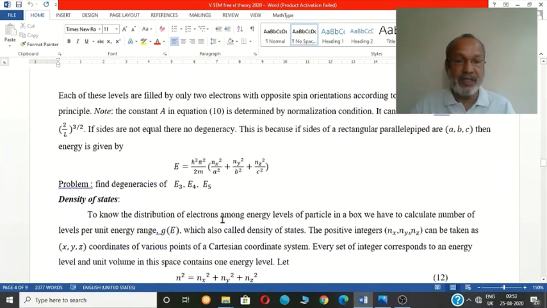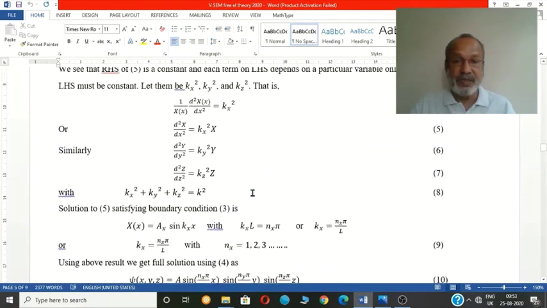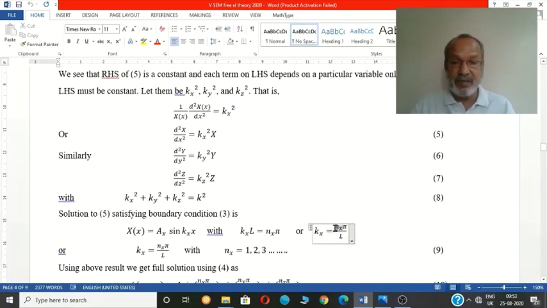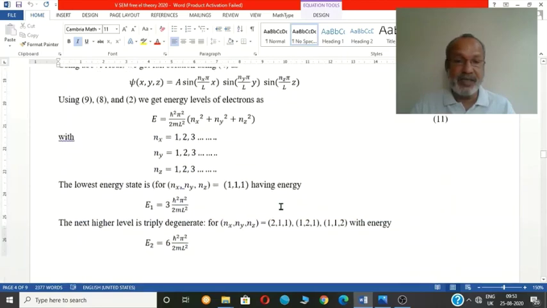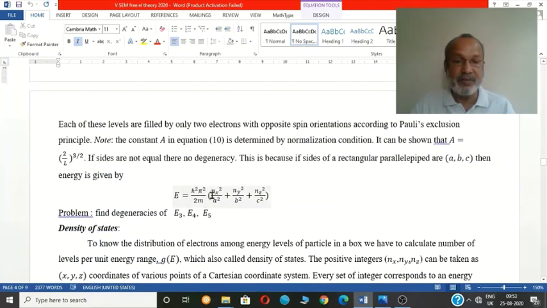It will come like this: nx by A, ny by B, nz by C will come in this equation. This will become nx pi by A. Similarly, ky will become ny pi by B, and kz will become nz pi by C. So in that case, energy is given by a different expression, and it is not possible to have a degeneracy in this case.